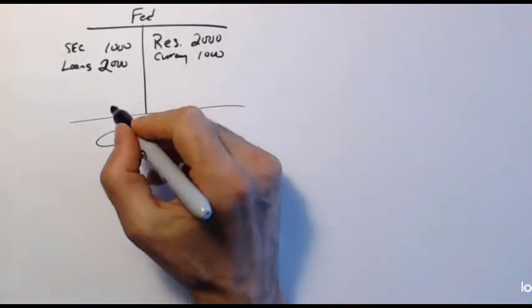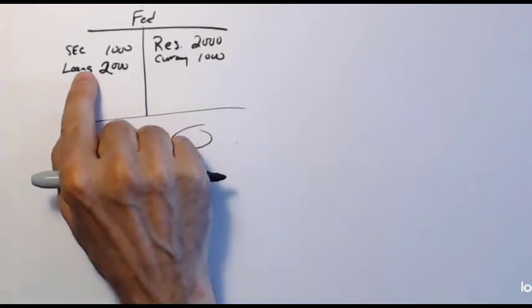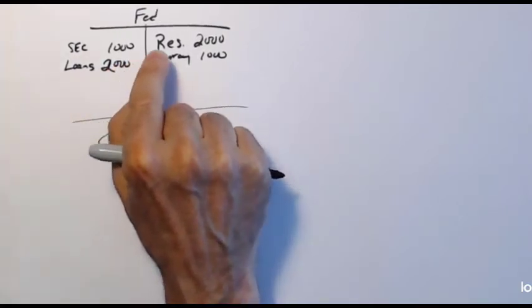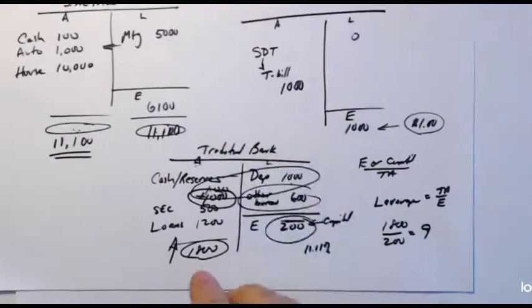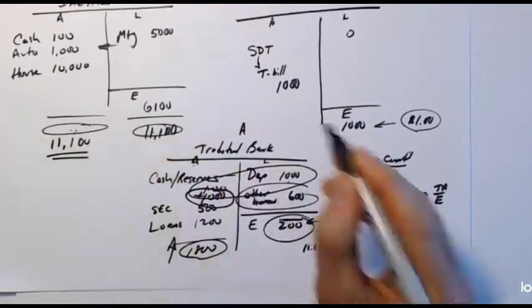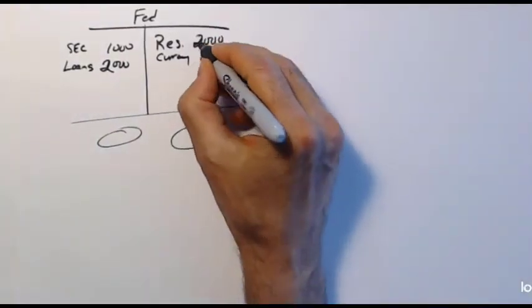And it can do that with the stroke of a pen or like a click of a mouse and say, look, we're going to increase our loans by 1,000. We're going to increase our reserves to this traditional bank, call it Traditional Bank A, and it's all done with the click of a mouse.